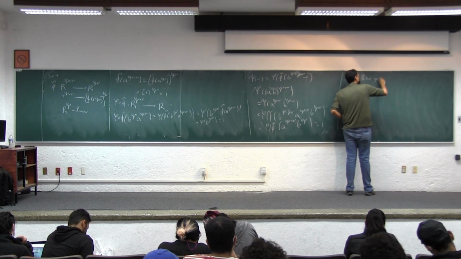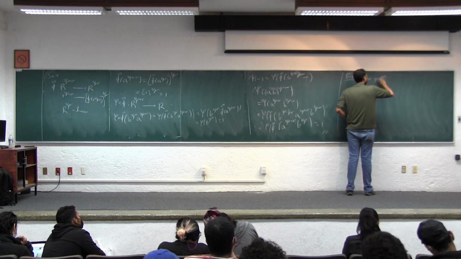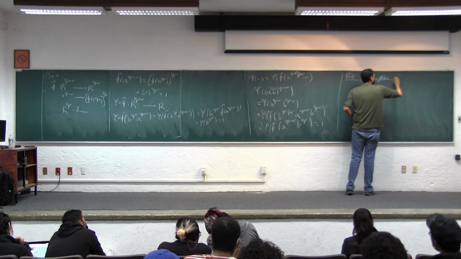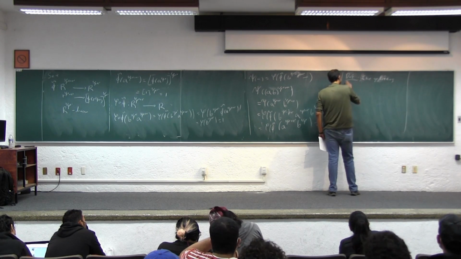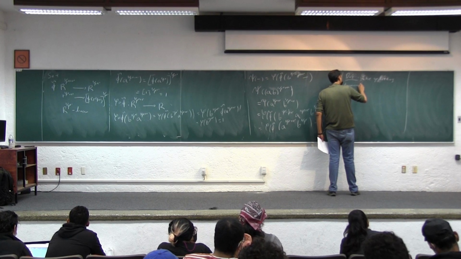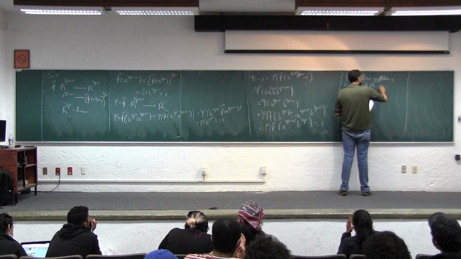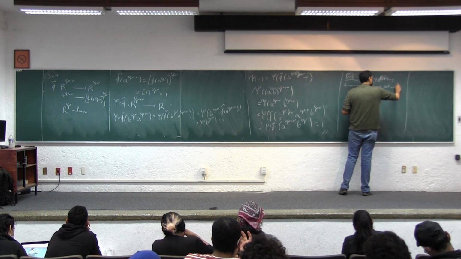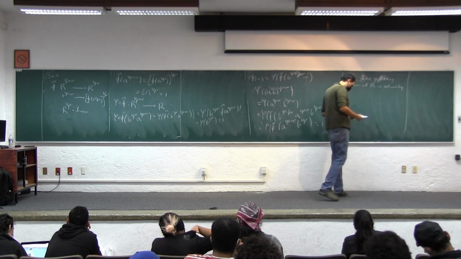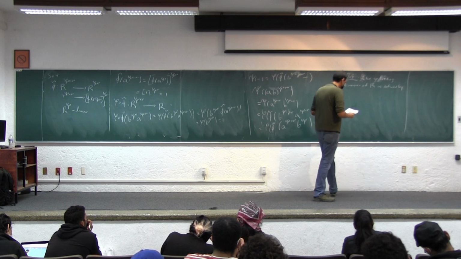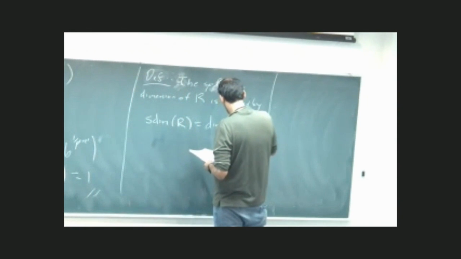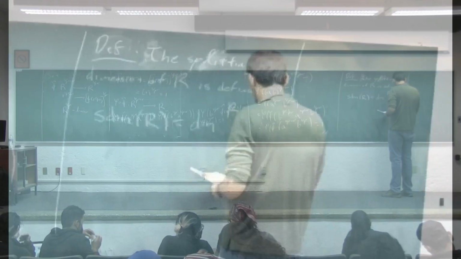The splitting dimension of R is defined as dim of R modulo the splitting prime.